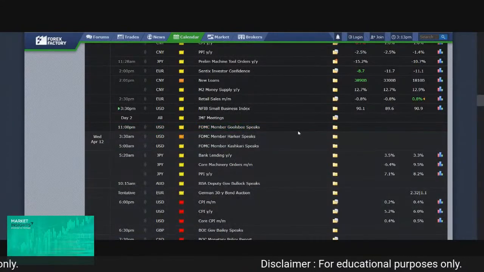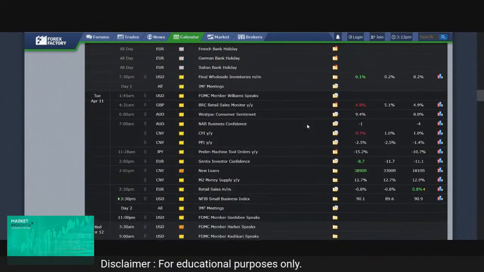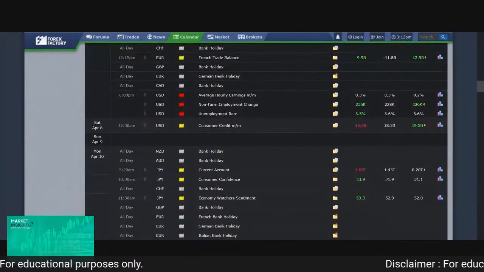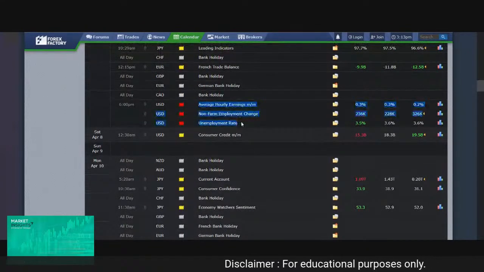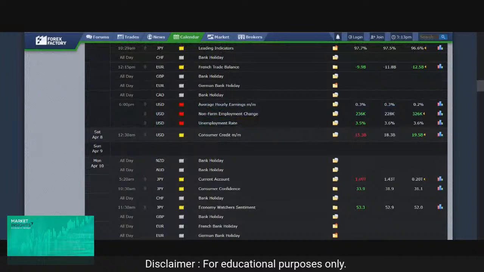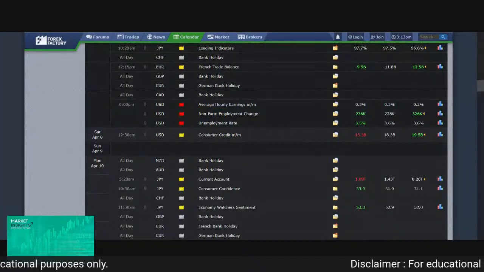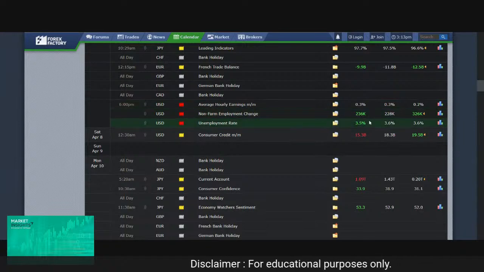Okay, so we have had a very confusing weekend. Because USD was in a very bad state. Okay, the dollar was about to crush. But what happened is the non-farm employment change came out to be positive, 236 instead of 228.